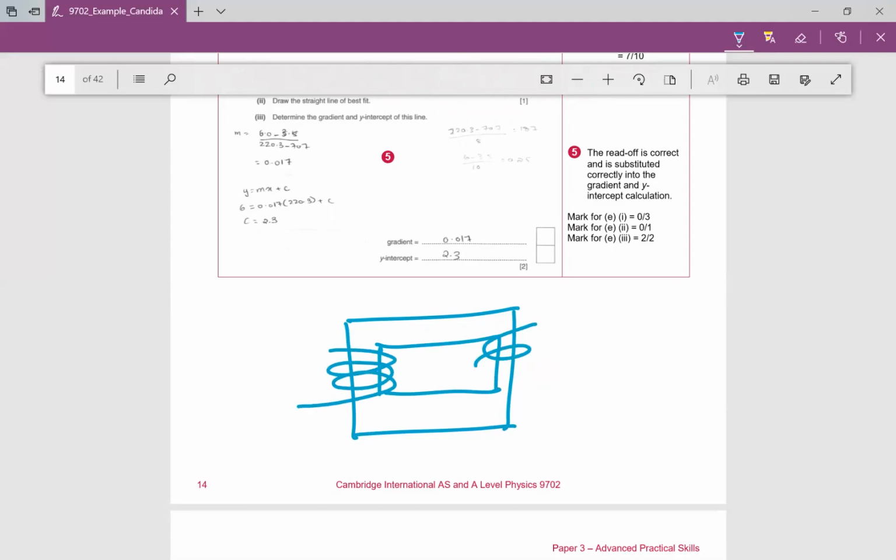It has coils on both sides. These coils have varying current flowing in them, which creates a varying magnetic field, and this iron core makes sure that the magnetic field is trapped in this area.